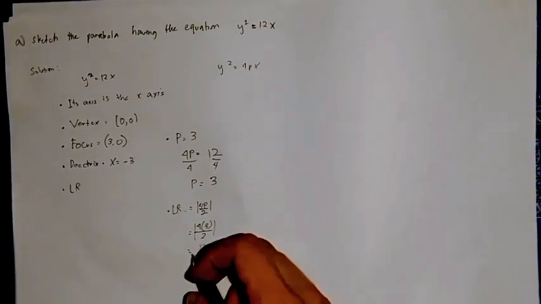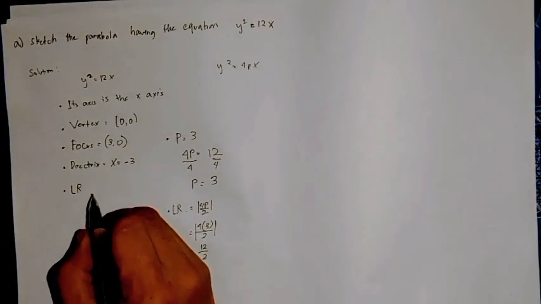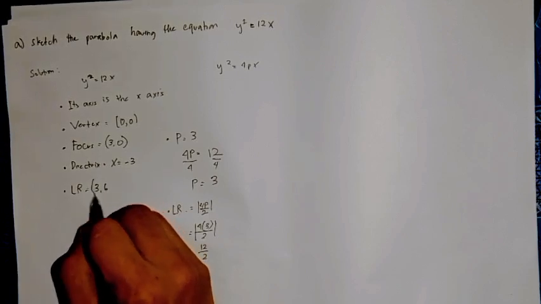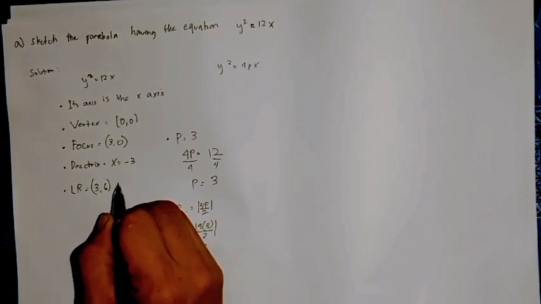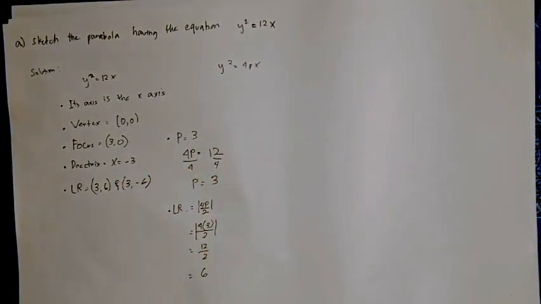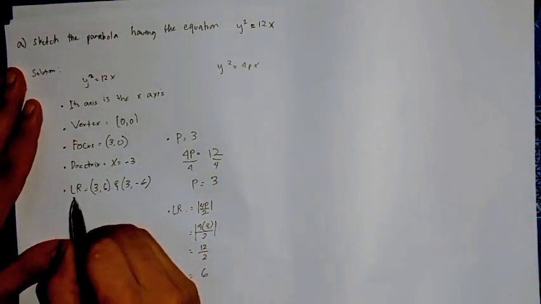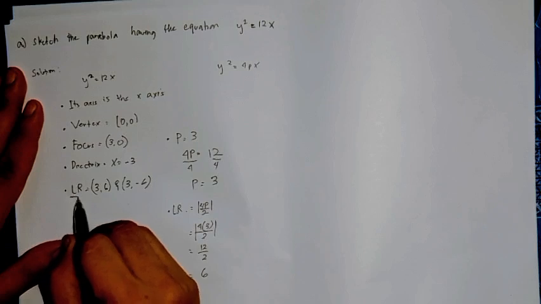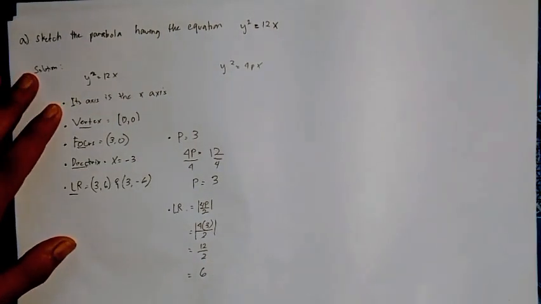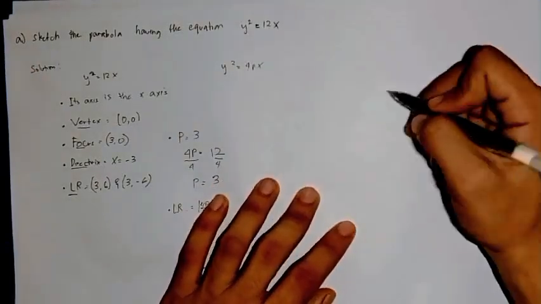Therefore, the endpoints of the latus rectum are (3, 6) and (3, -6). Since we already found the latus rectum, directrix, focus, and vertex, we can now graph the parabola. To graph this parabola, let's have a Cartesian plane.